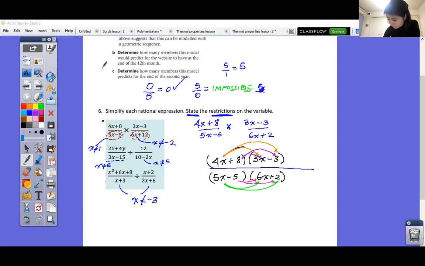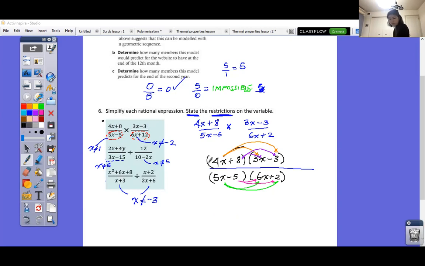Okay, so above would be 24x minus 24. Okay. 24x minus 24.